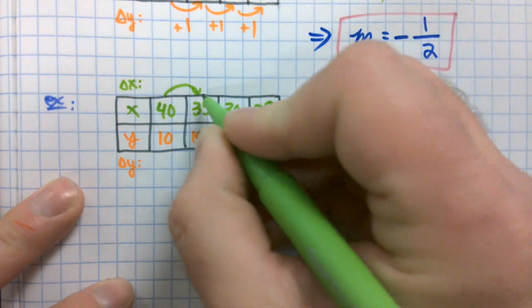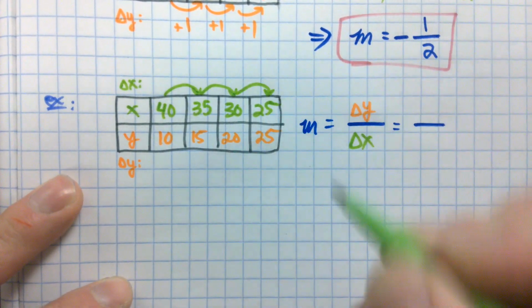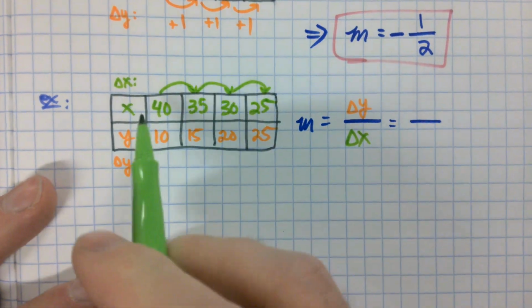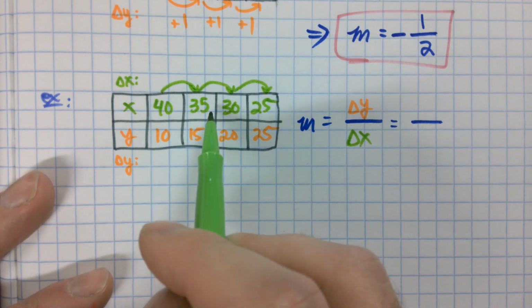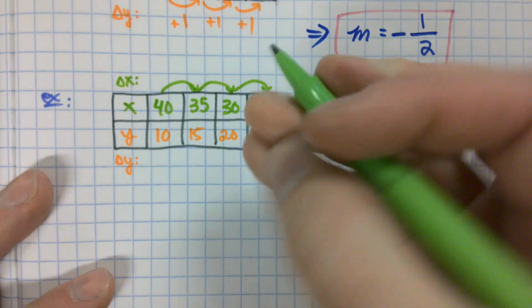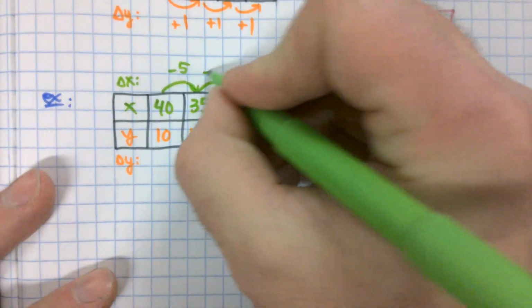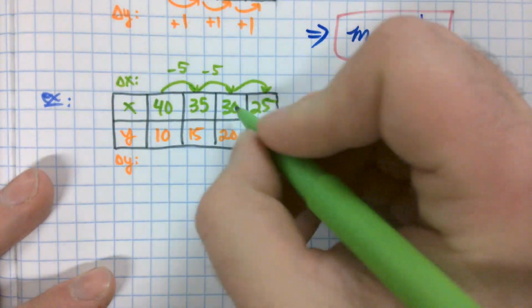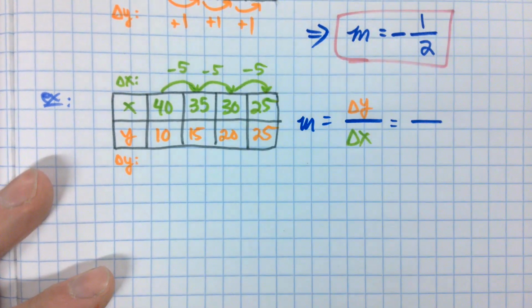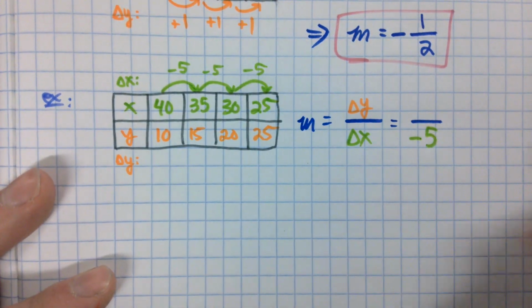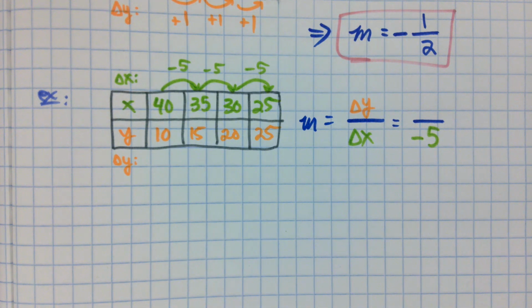We're going to do our little arrows here. Now, what do we have to do if we want to get from 40 down to 35? Subtract 5. Good. What about from 35 to 30? Minus 5. And from 30 to 25, minus 5 again. My denominator is going to be minus 5.